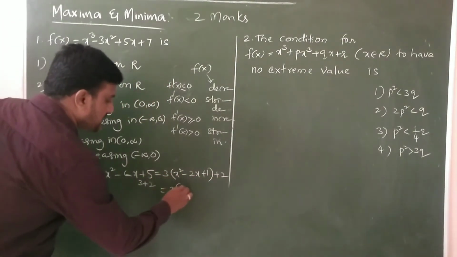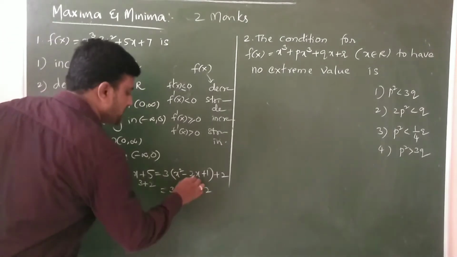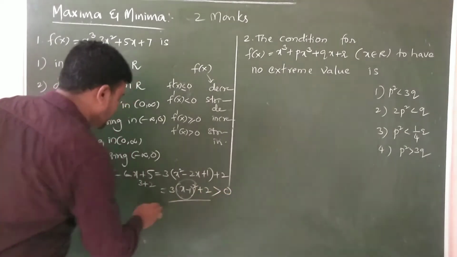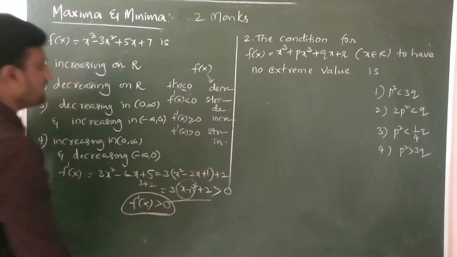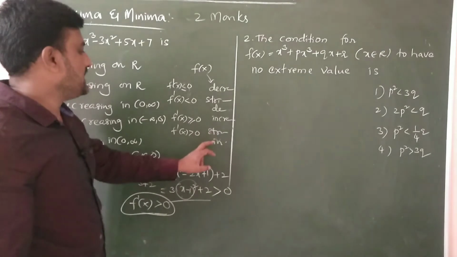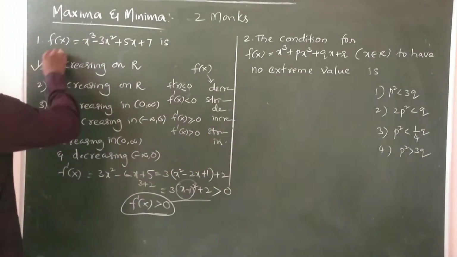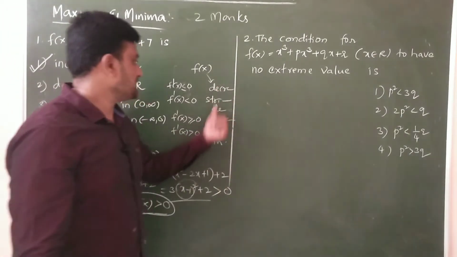Now this is nothing but x minus 1 whole square plus 2. Now it is positive, definitely a square, so greater than 0. The function should be f dash of x greater than 0, then it is strictly increasing. First option. Please follow this.